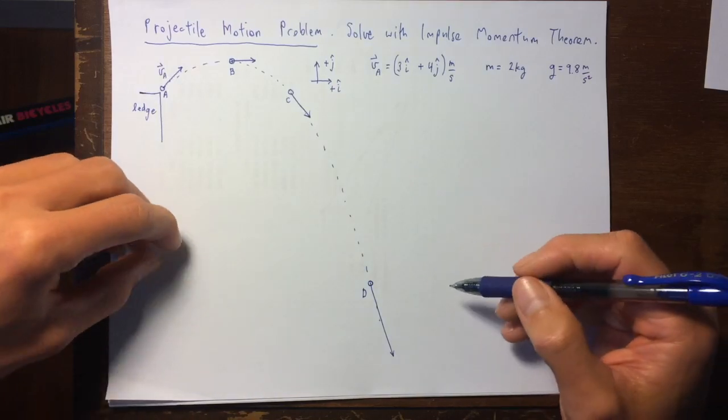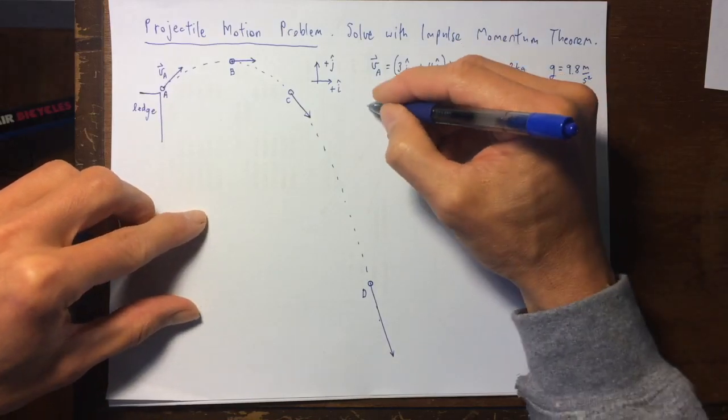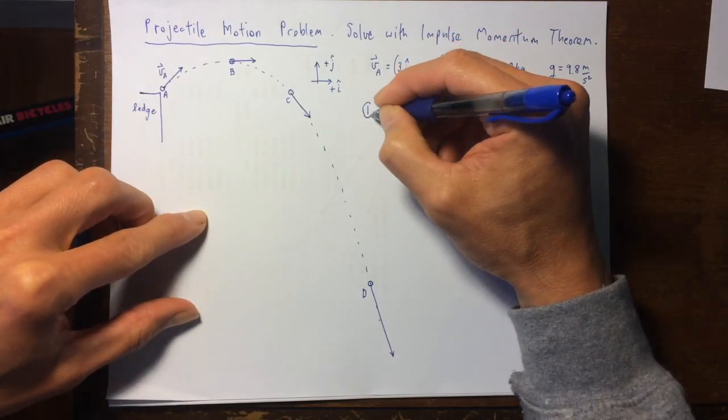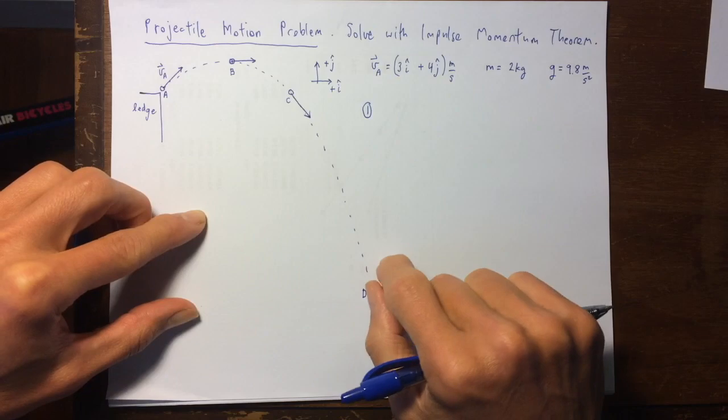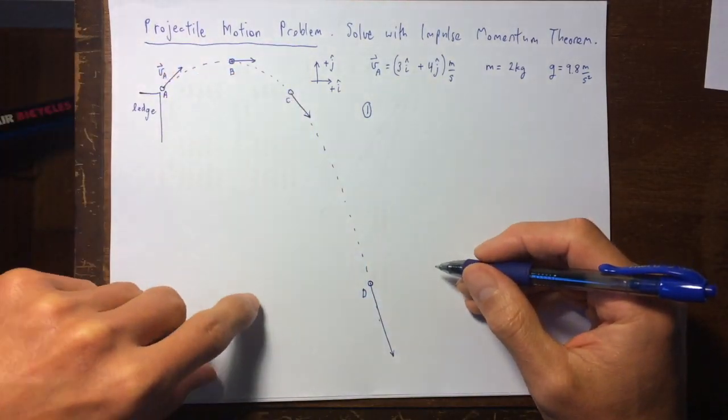Okay, so let me tell you what our first problem is. So let's say this is problem number 1. It's got to do with these initial conditions and this situation here. It's a situation of projectile motion.